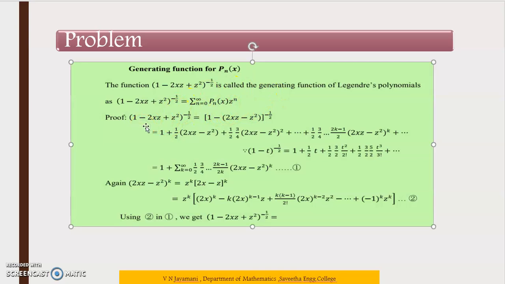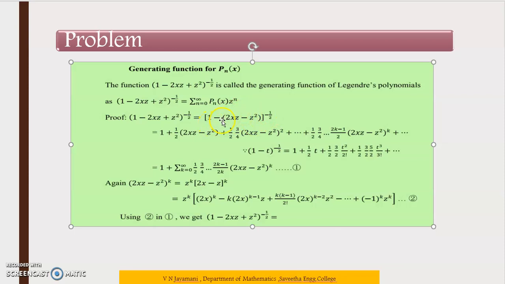So consider the left hand side: (1 minus 2xz plus z squared) whole power minus 1 by 2, equal to [1 minus (2xz minus z squared)] whole power minus 1 by 2. Combining these two terms, take the minus outside. This we have to expand by using the binomial expansion. This is of the form (1 minus x) whole power minus 1 by 2.